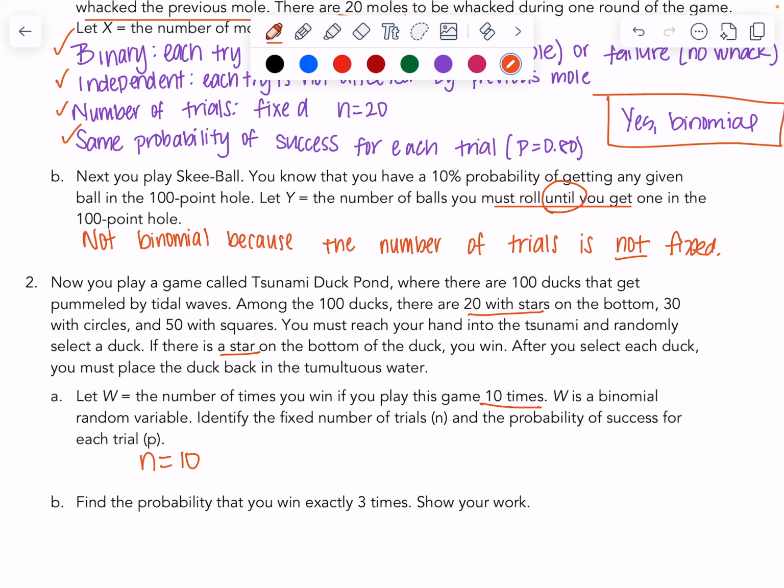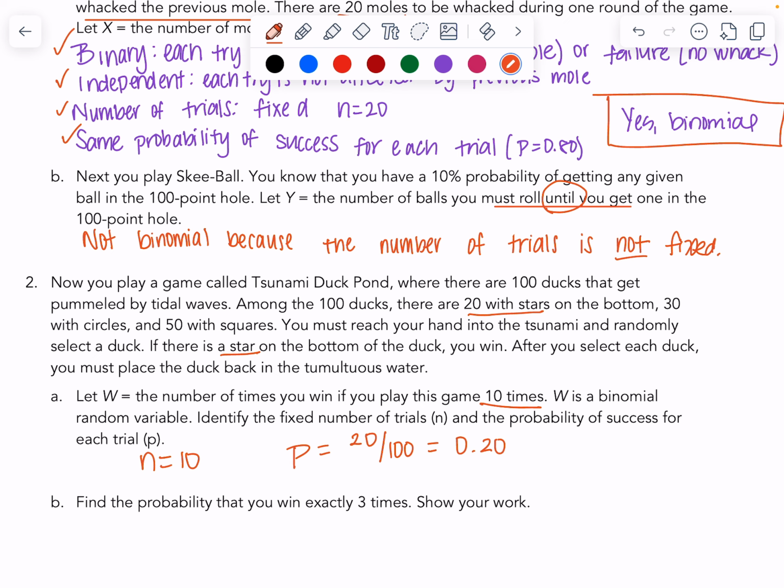So those 2 are in that failure category for us. So to find the probability of success, we're going to put the number of star ducks over the total. So 20 plus 30 plus 50 is 100. So you could write that as a fraction or a decimal, 0.2.